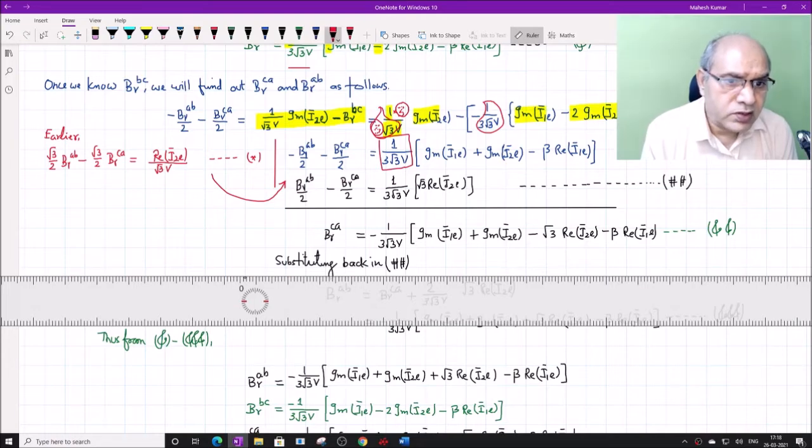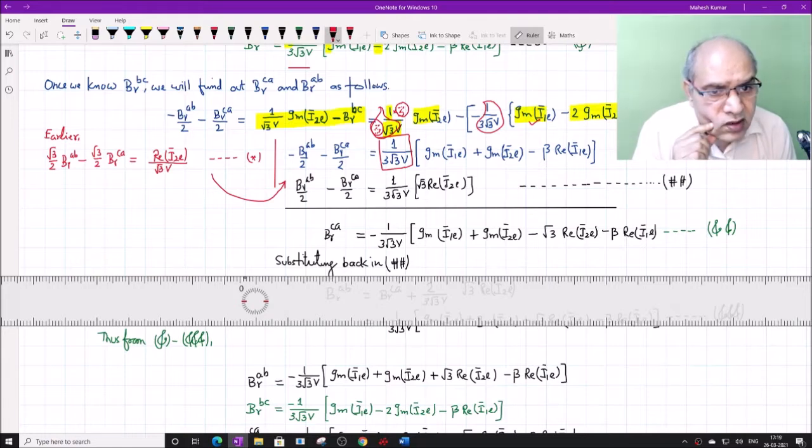And this becomes here imaginary of I1L, this is imaginary of I1L, this is minus minus plus 2, and this is minus 2 imaginary of I2L here, and this is here 3 times 1 by 3 root 3. So this becomes imaginary of I2L.